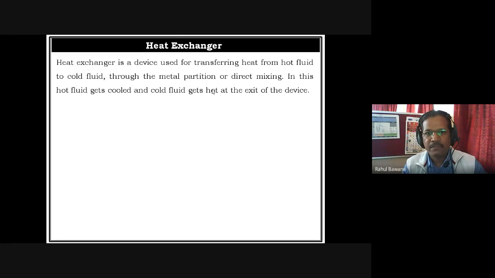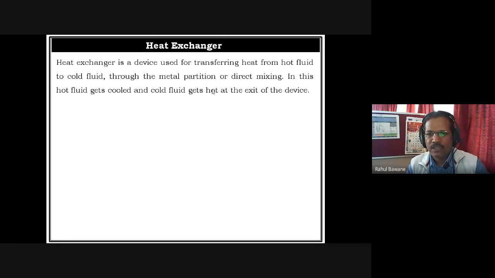Direct mixing means just like in water cooling towers, where we allow hot water to drop down as a shower, and there are a number of blowers which blow surrounding air.